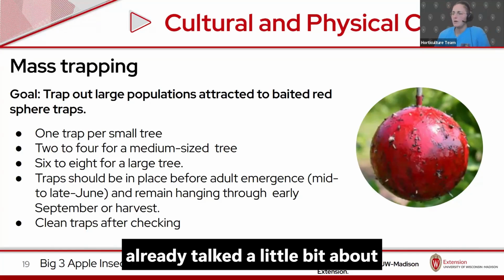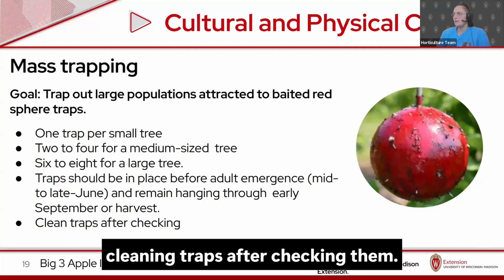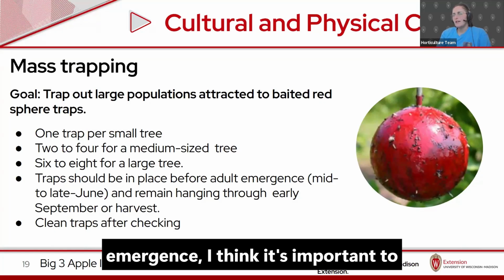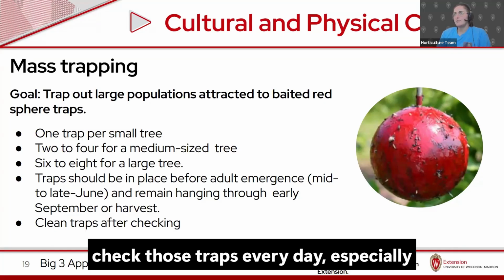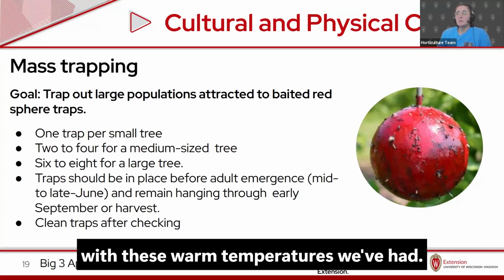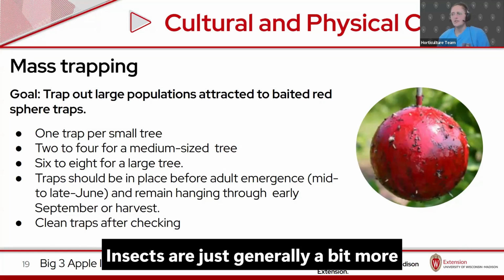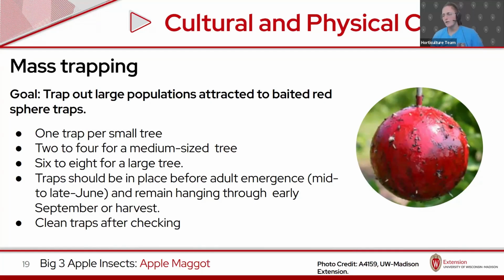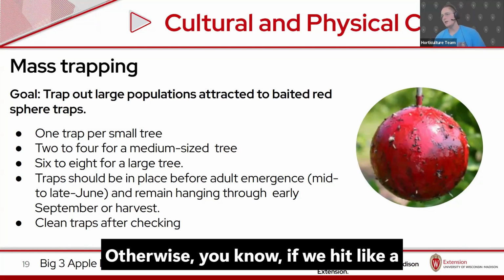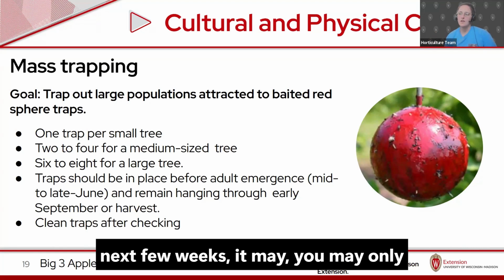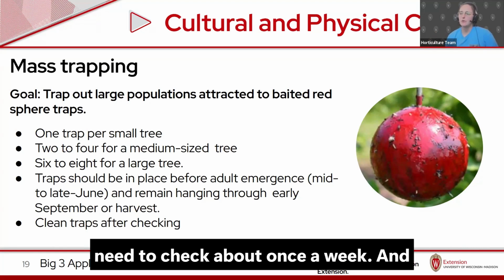I already talked a little bit about cleaning traps after checking them. And for initial emergence, I think it's important to check those traps every day, especially with these warm temperatures we've had. Insects are generally a bit more active when it's warmer. Otherwise, if we hit a little bit of a cooler spell in the next few weeks, you may only need to check about once a week.